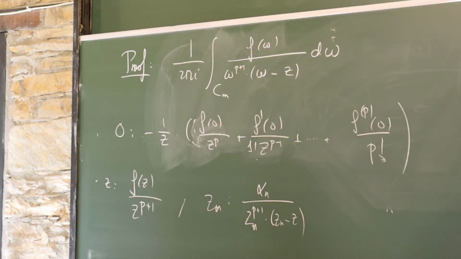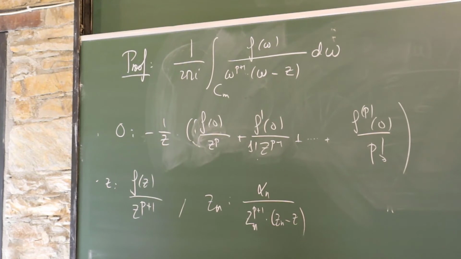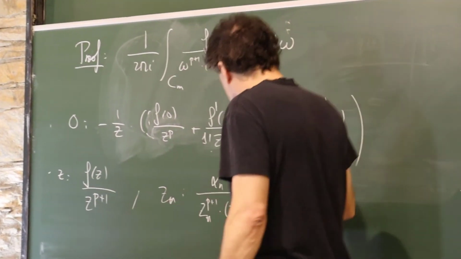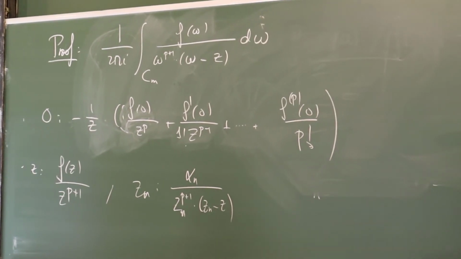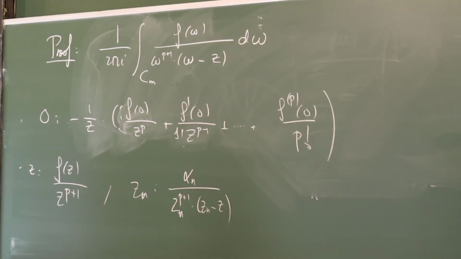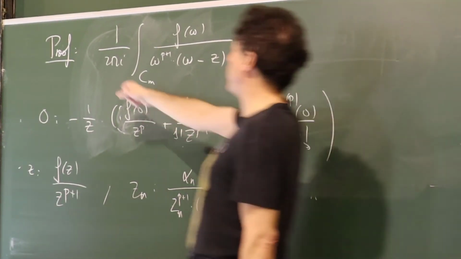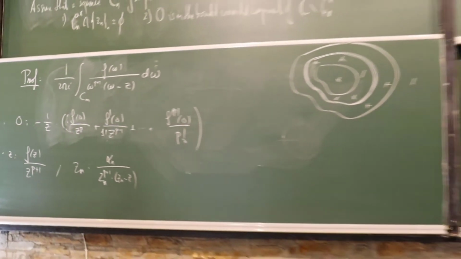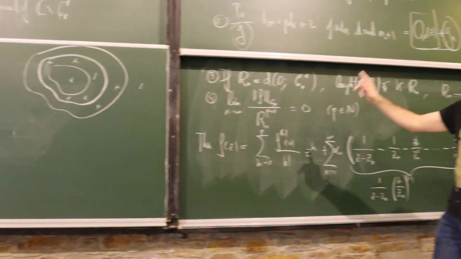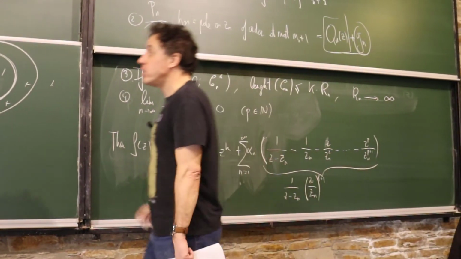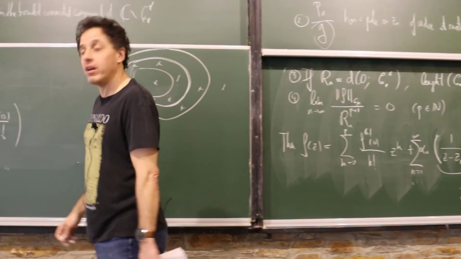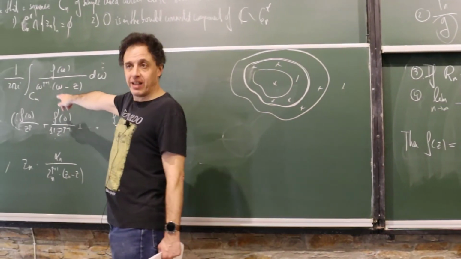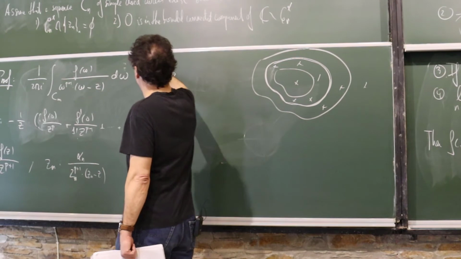So this integral is equal to the sum of this number plus this number plus the sum of these terms here. Not 2 pi i, because it's already divided by 2 pi i. And the conditions here about the length, etc., are useful to verify that this integral tends to 0 when m tends to infinity.